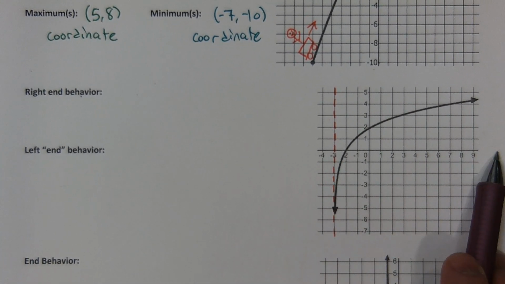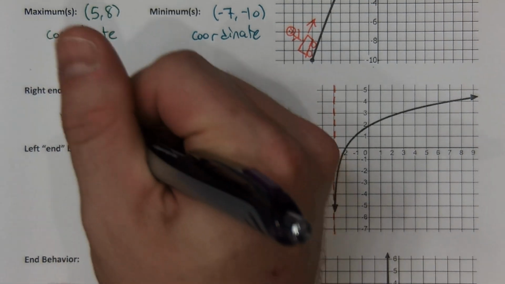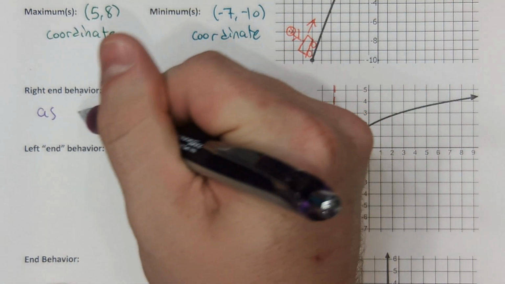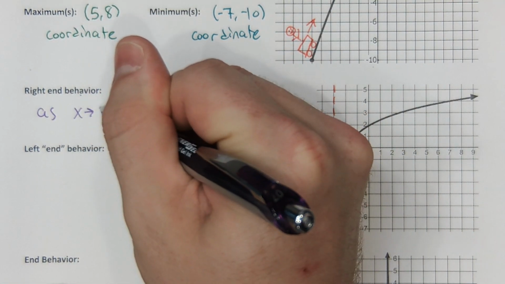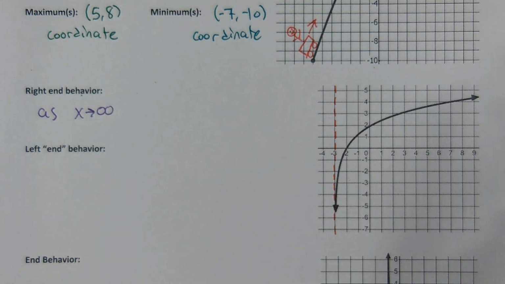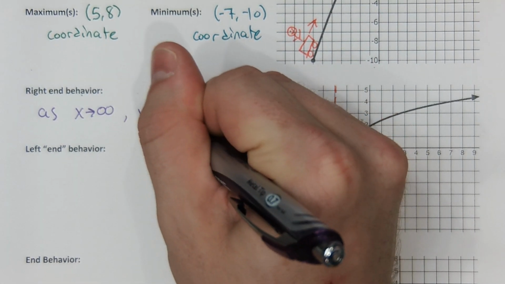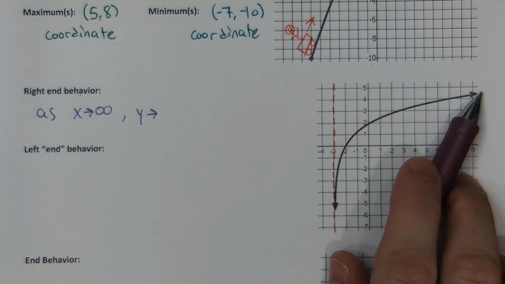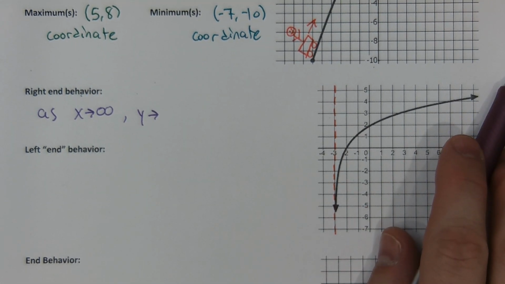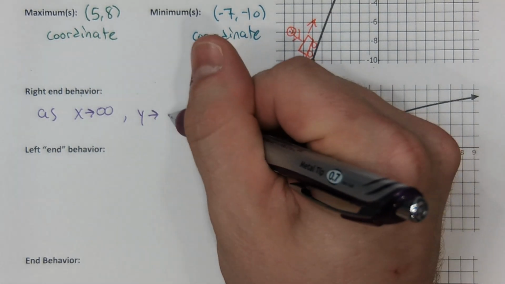As we're going that way, my x values are getting bigger. So we say, as x approaches the far right, and we write that as positive infinity. So as we're going out here, the y values are going up and to the right. You know what's up? Positive infinity.